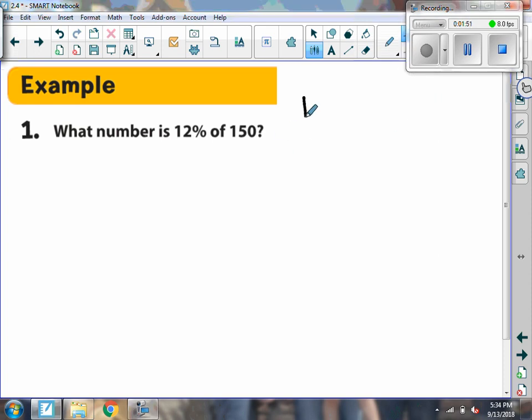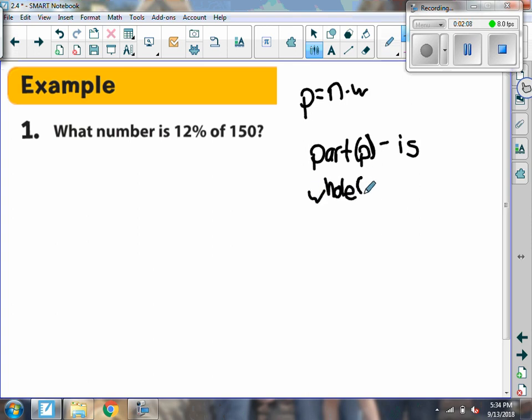So we have our part is equal to our percent times our whole. Our keywords are exactly the same for this lesson. So remember, our keyword for our part, which is P, is "is." Our keyword for our whole, which is W, is "of."